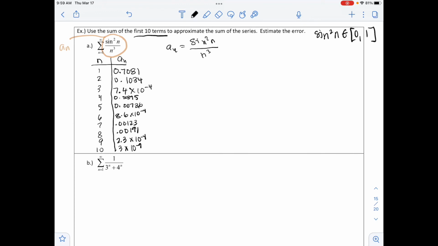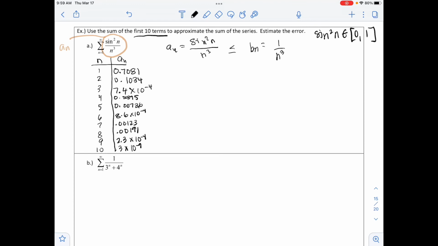And I'm going to compare this to b sub n. I'm just going to say b sub n, since sine squared n cannot be larger than 1, is 1 over n to the third. And so we know that a sub n is less than or equal to b sub n.